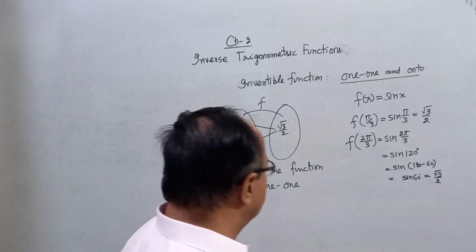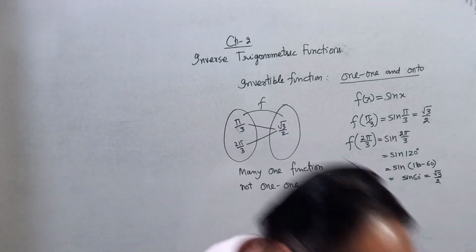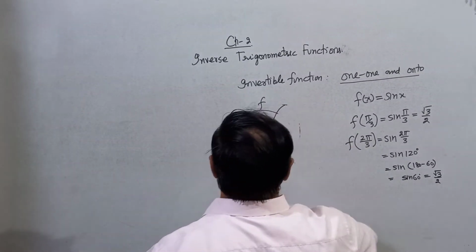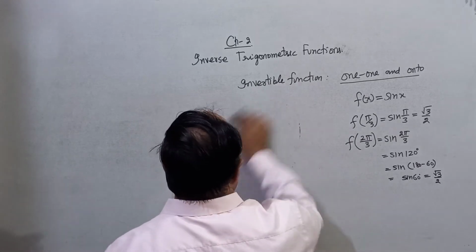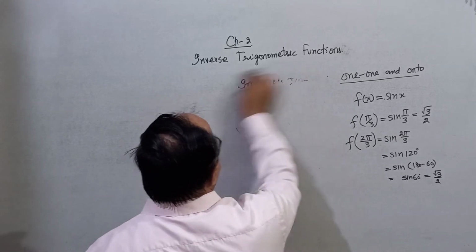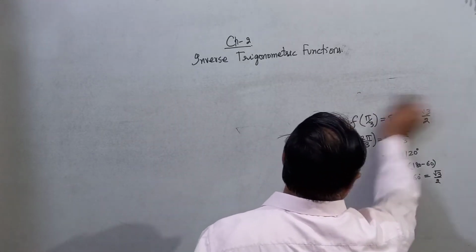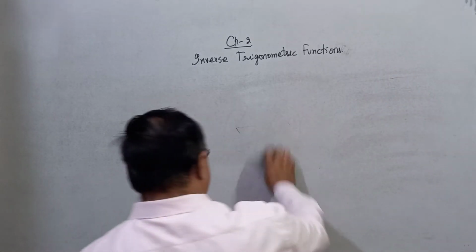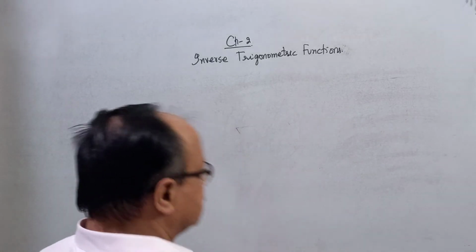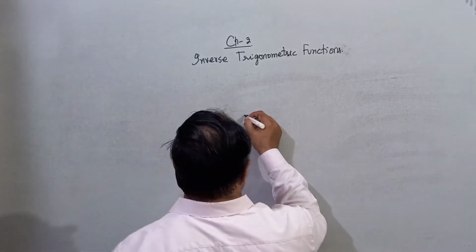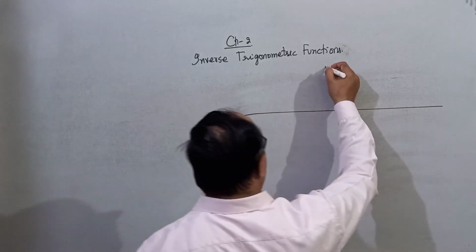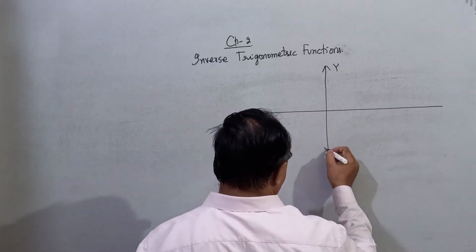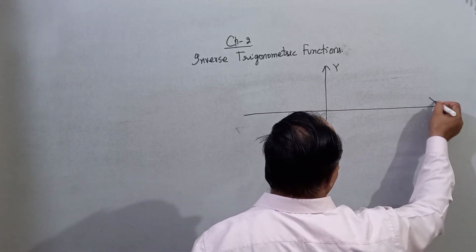Now with the help of a graph, you will understand properly. Now we have to draw the graph of sin x. This is the y-axis and this is the x-axis.